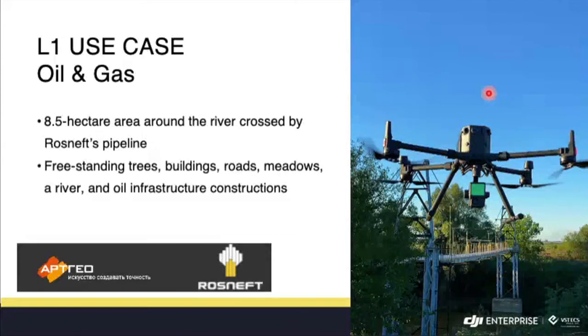The Rosneft company is laying a pipeline for their oil and gas business, so they need to determine what obstructions they may face before they set up the pipeline. They may check for freestanding trees, buildings, roads, meadows, a river, and oil infrastructure construction. So they can easily determine those obstructions also.